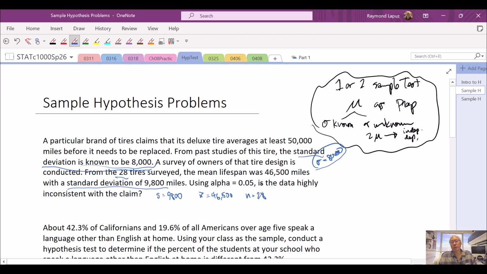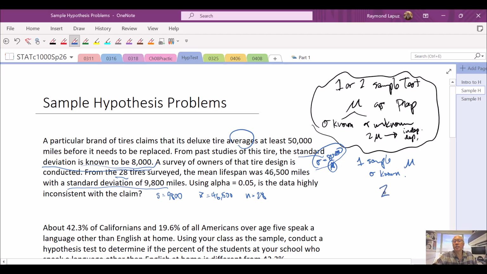All right, so our questions, is this 1 or 2 sample? I think this is only coming from one tire place, so this is 1 sample. And we're testing the mean, we're looking at averages, etc. And if we're testing the mean, is sigma known? Yes, it is. Sigma is known. And so because sigma is known, we're going to use a Z test.